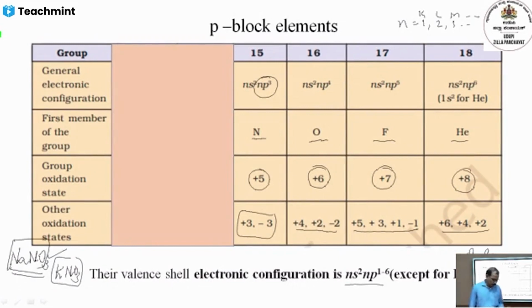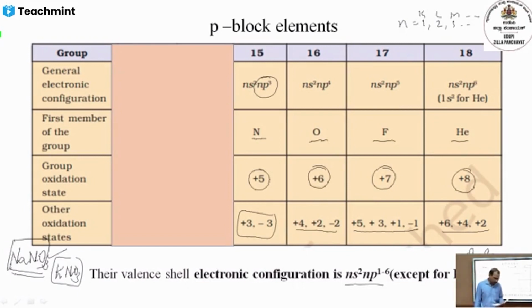And then you have the variation in the properties, such as the metallic and non-metallic characteristics. We know that nitrogen and phosphorus are nonmetals, and arsenic and antimony are metalloids. I don't have the members of the 15th group there, I'm sorry for that.